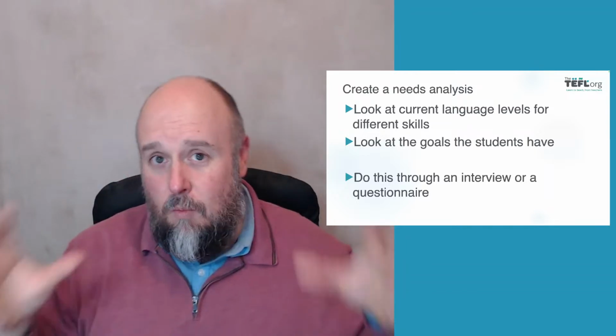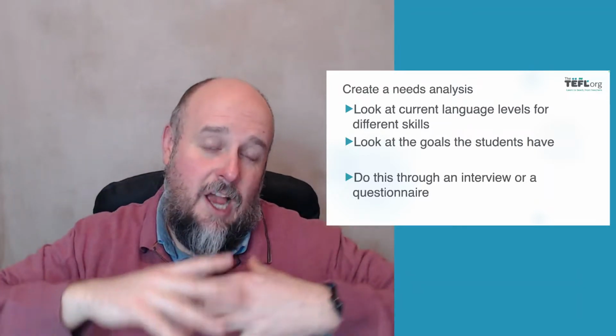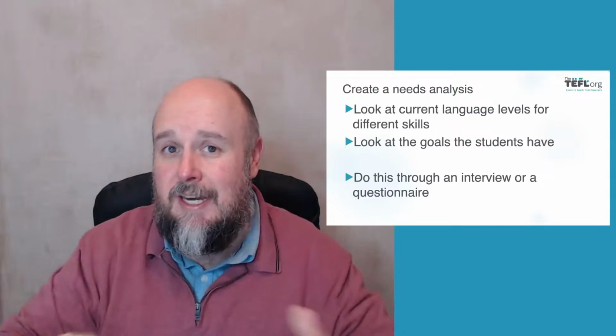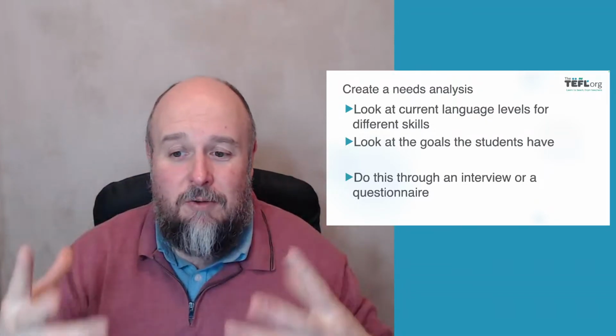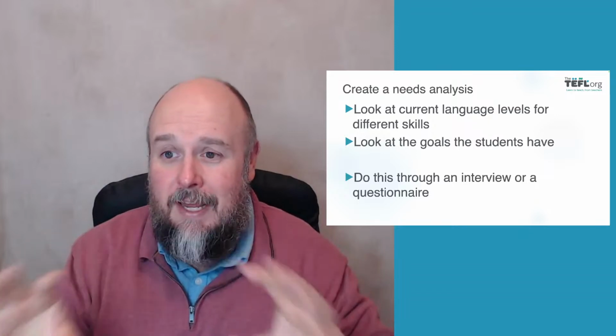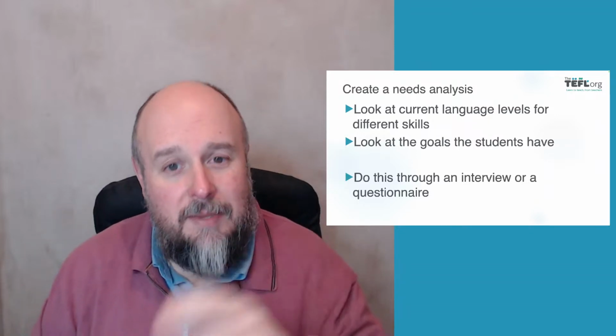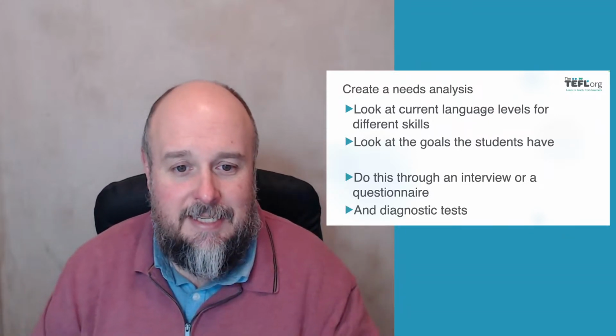Now, what's the problem with this? It's harder with just doing an interview or a questionnaire to get reading, to get listening. It can also be a little bit difficult to measure someone's speaking just on a minute or two from talking to them. But this is where you've got to start to form the needs analysis.